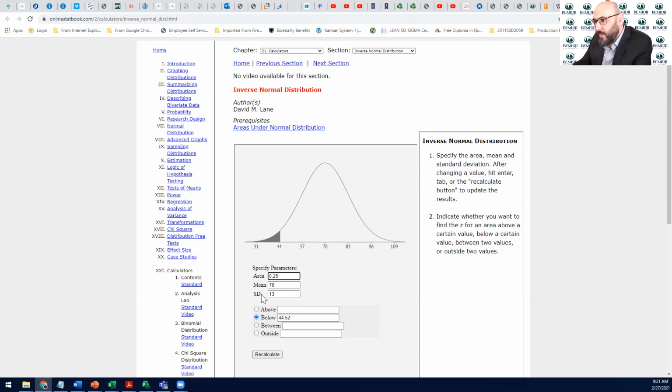Once you go to the z table, you find that z would be 0.25.